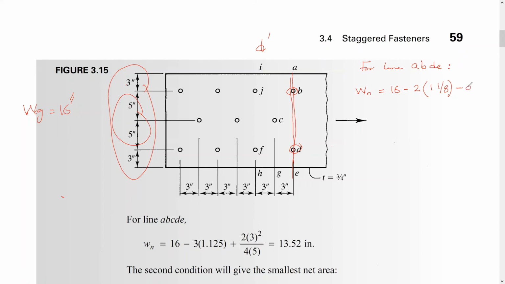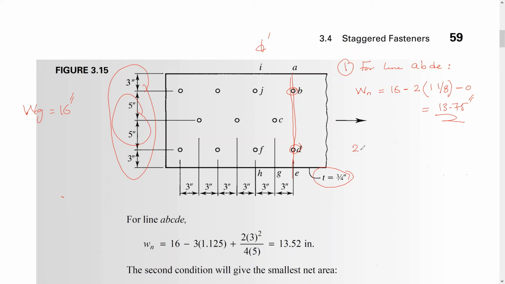This is going to be 0. So in this case, it's going to be 13.75 inch. The net area is this much times the thickness, which is 3/4. Keep this one, we don't need to go this far right now. Let's call this path number 1.